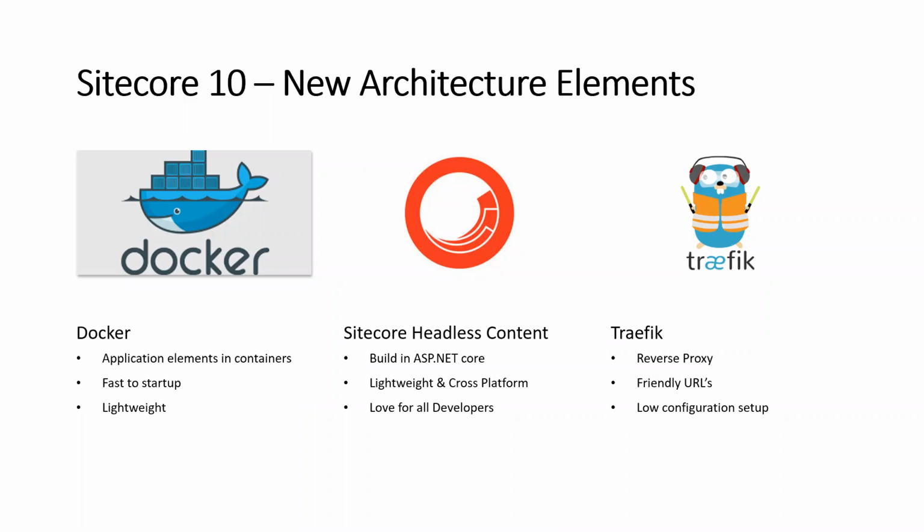Sitecore Commerce is completely built on .NET Core. Sitecore XP is still on .NET Framework, and this is one step toward moving to .NET Core. Slowly and gradually, Sitecore is definitely going to move toward ASP.NET Core. So .NET Core is one key feature, and the third one is Traefik.